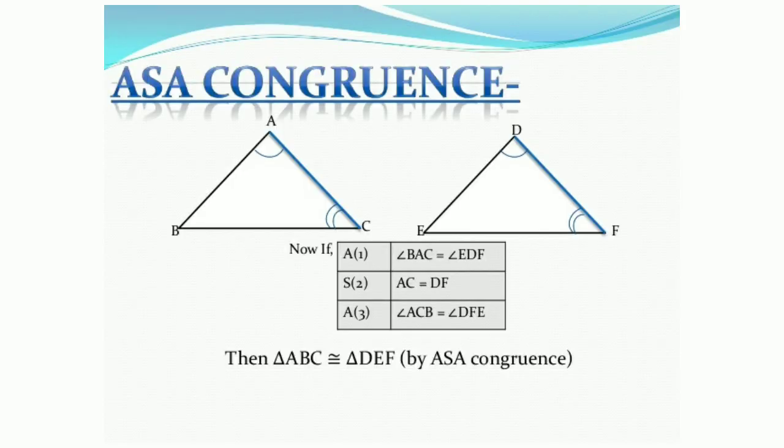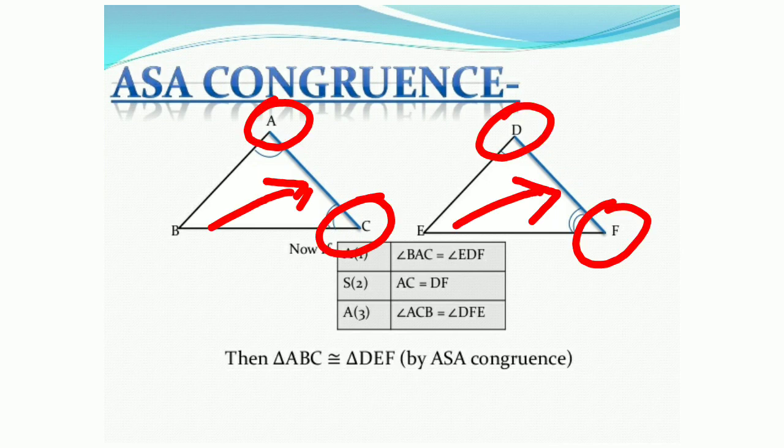Next criteria, the ASA congruence rule. What is ASA? Angle, side, angle. In the picture, ABC and DEF are the two triangles. We can see that angle A equals angle D, AC equals DF, and angle C equals angle F. That means take two angles and their included side, not other sides.